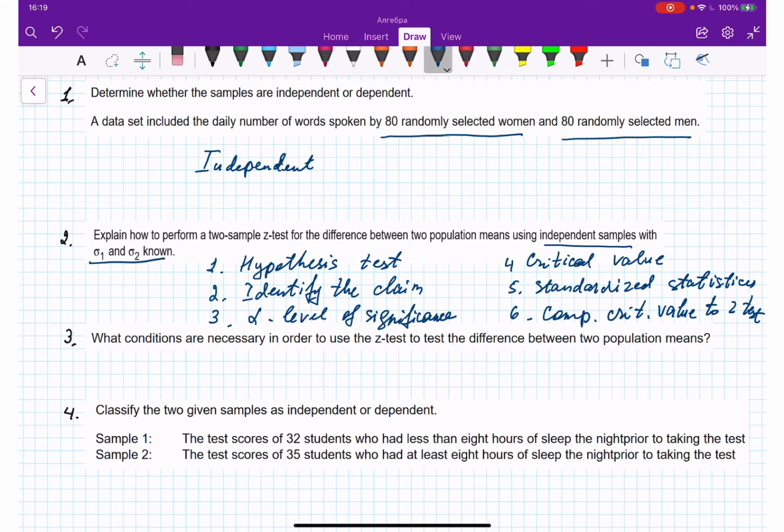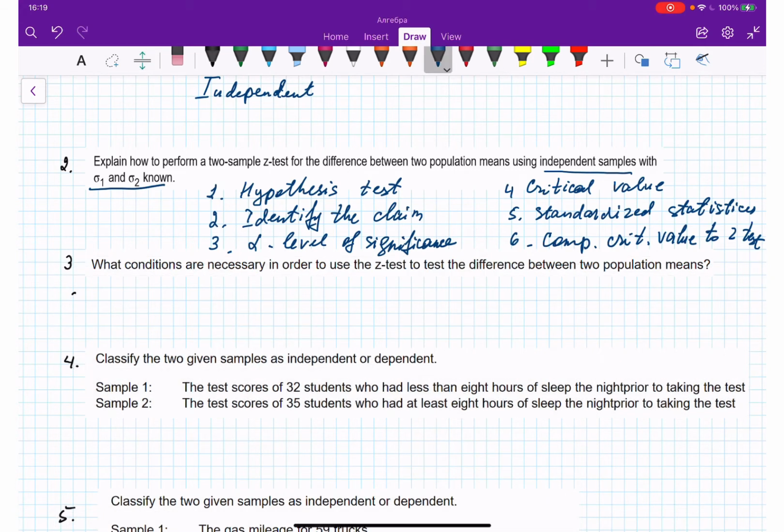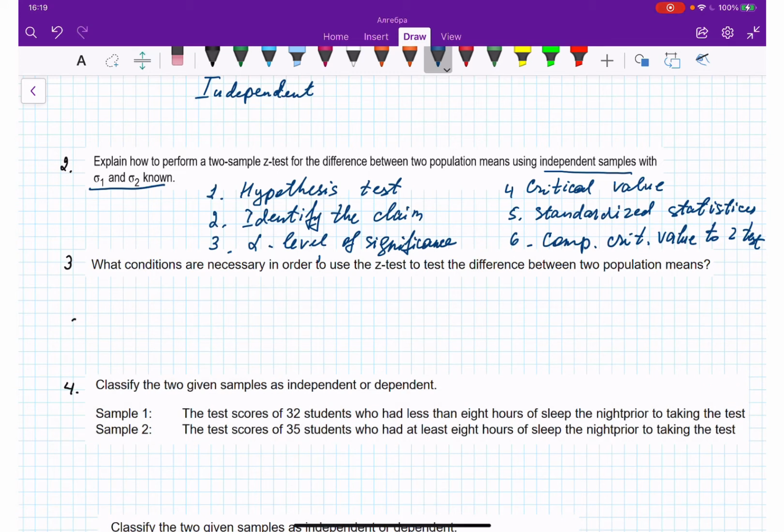Next question, number 3. What conditions are necessary in order to use the z-test to test the difference between two population means? Okay, so conditions. First, A, samples have to be randomly selected.